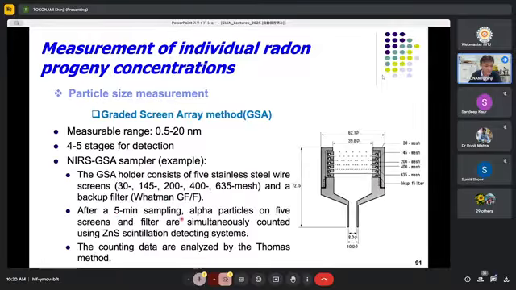After 5 minutes sampling, alpha particles on 5 screens and the filter are simultaneously counted using zinc sulfide scintillation detecting system. Counting data are analyzed by the Thomas method.